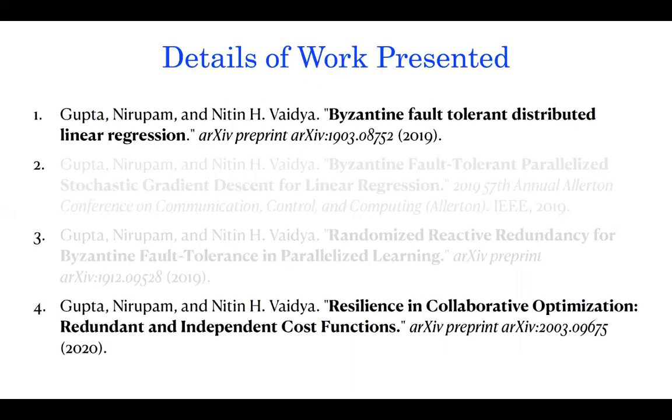And recently, just like 3 or 4 months ago, I think, we have extended our work to independent cost functions where you do not have 2f redundancy in the cost. And in that particular case, we redefine basically our fault tolerance requirement, because you cannot achieve exact fault tolerance, but you can achieve something we call approximate fault tolerance. Something similar to what Su and Vaidya proposed in their 2016 paper, but with a slightly different flavor.